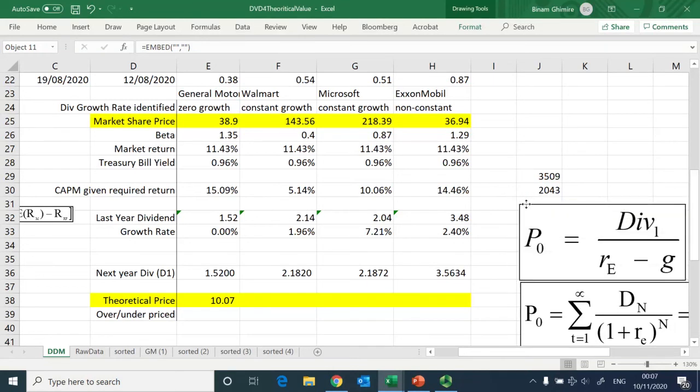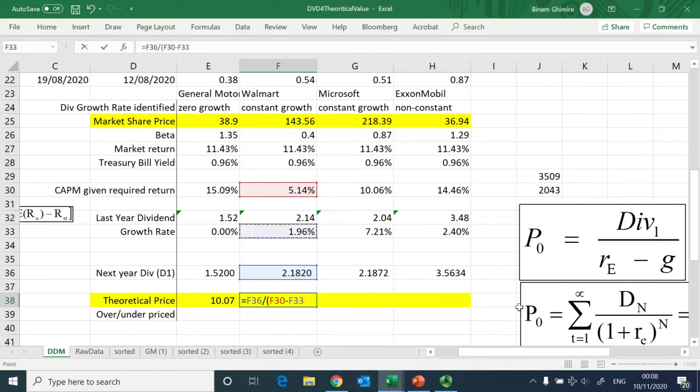Yeah, perfect. Now what we need to do is dividend next period, which is DIV1, divided by the required rate of return, which is CAPM given, take away the growth rate, which is what we found just before, and therefore this is the fair value of Walmart share price.